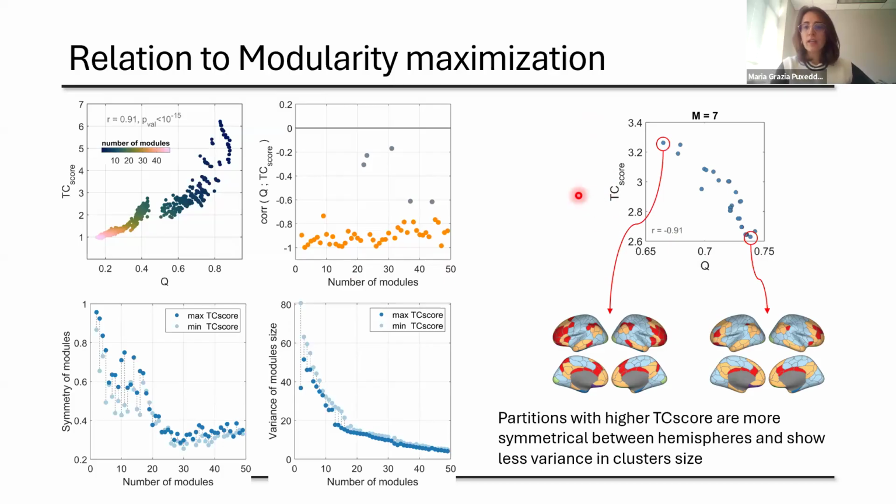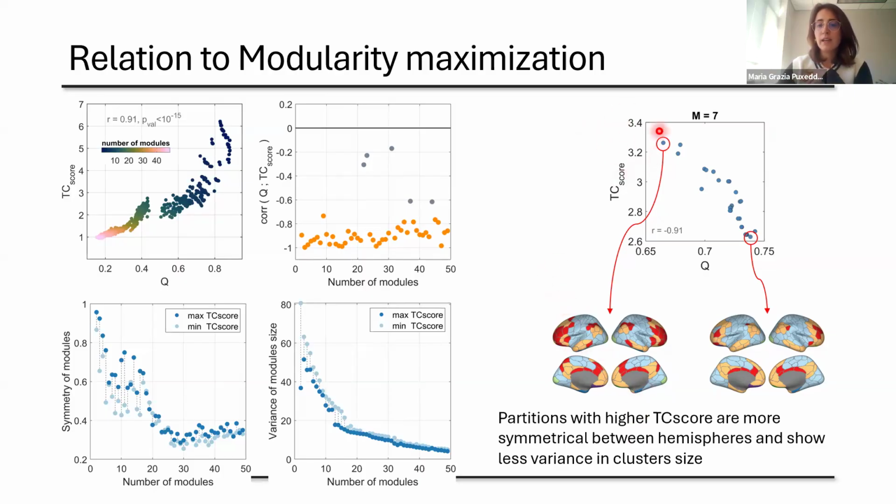And what we did at this point is we took again the partition with the highest Q and the partition with the lowest Q. And we saw that what changes is that t-score is higher in partitions that are more symmetrical between the two hemispheres and have lower variance of module size.